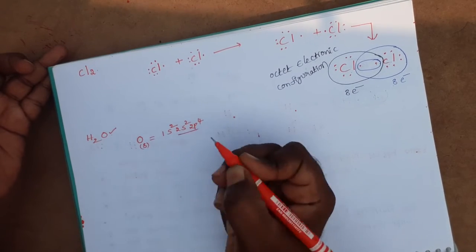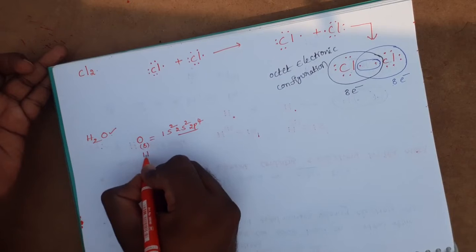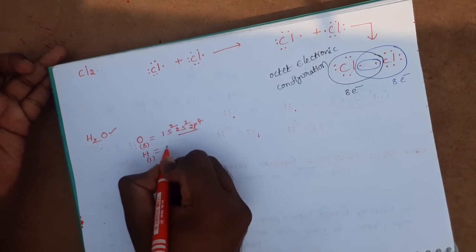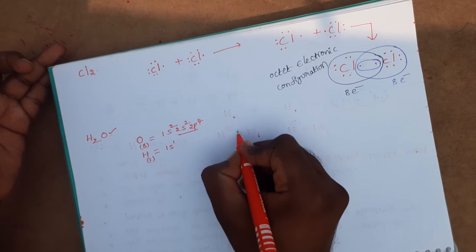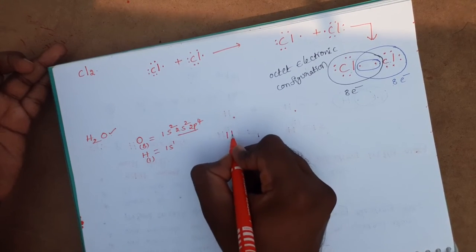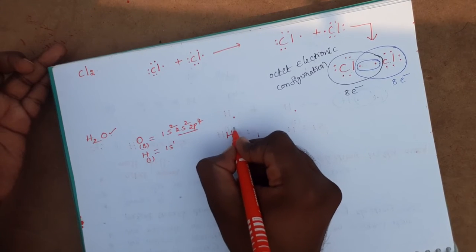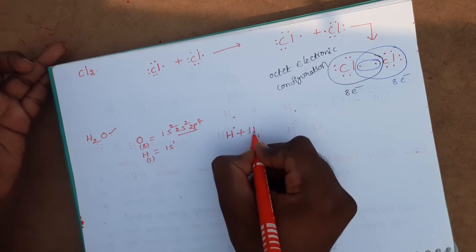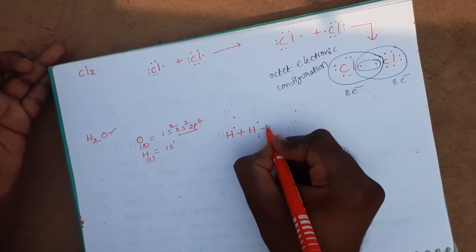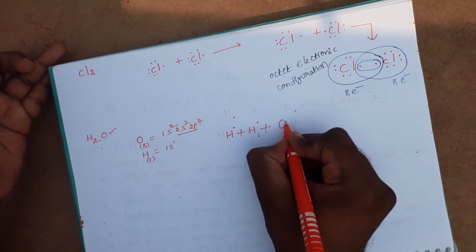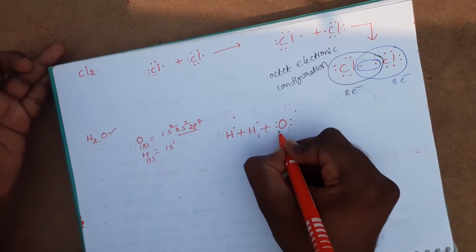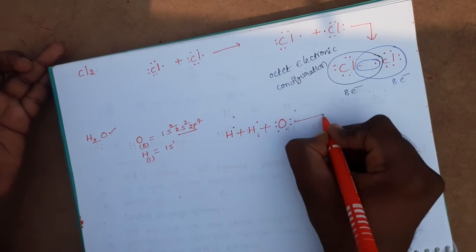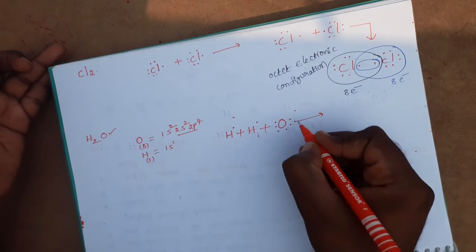Each hydrogen contains 1 electron, that is 1s1. See children, here hydrogen 1, next hydrogen also 1. But oxygen contains how many valency electrons? 6 valency electrons. This is the water, this is the oxygen.